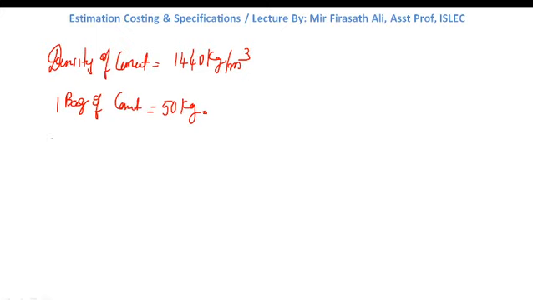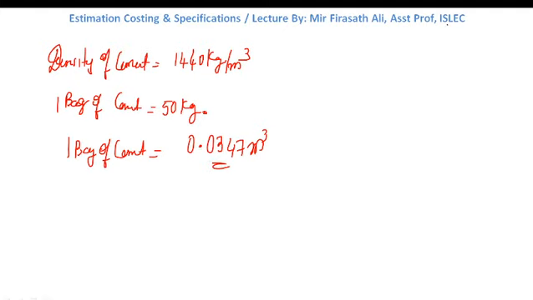The volume of one bag of cement consists of 0.0347 meter cube of cement. Okay, if we convert one bag of cement into meter cube, we get around 0.0347.